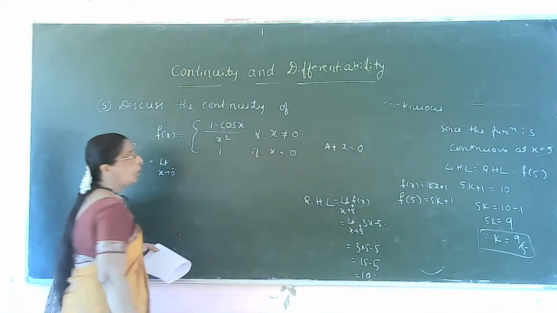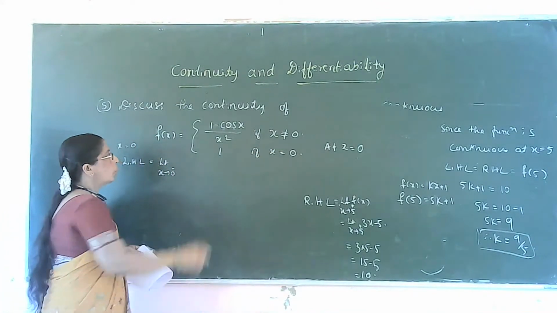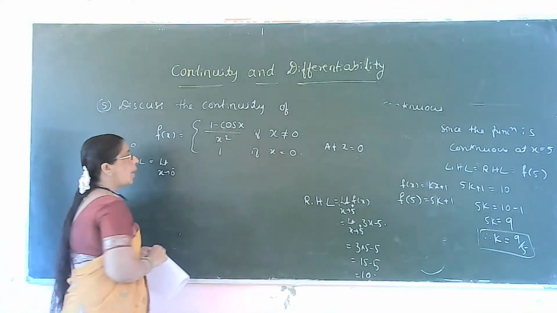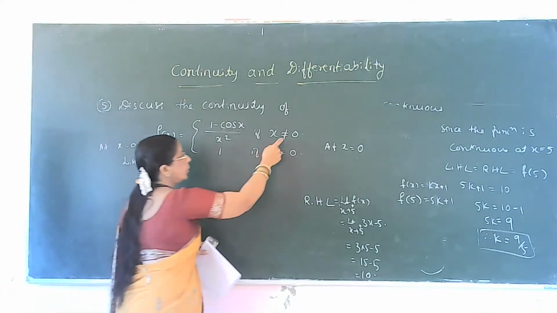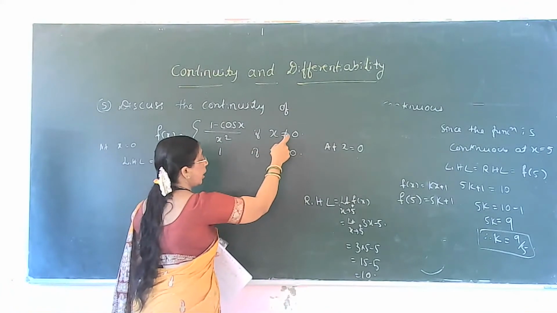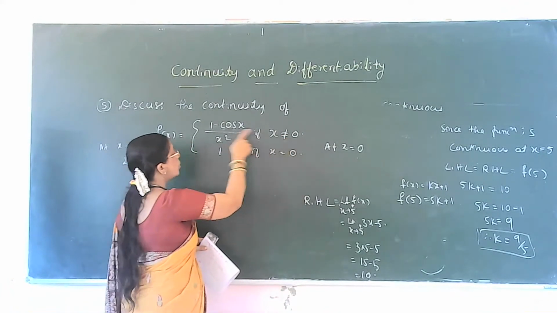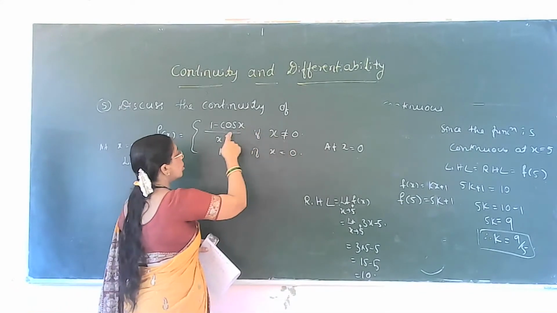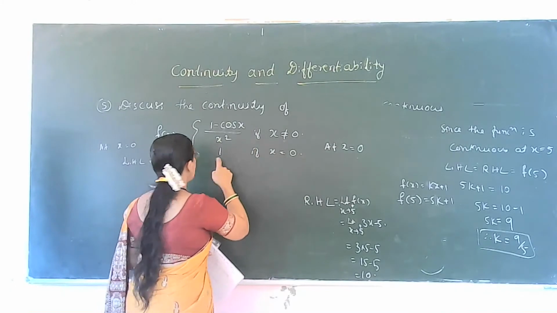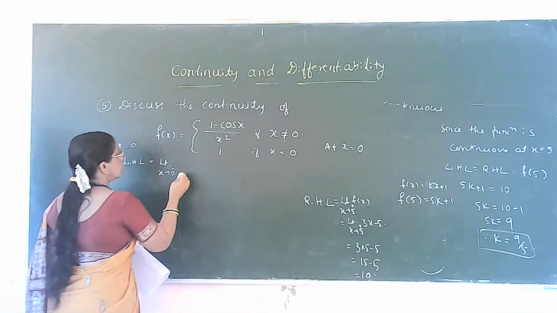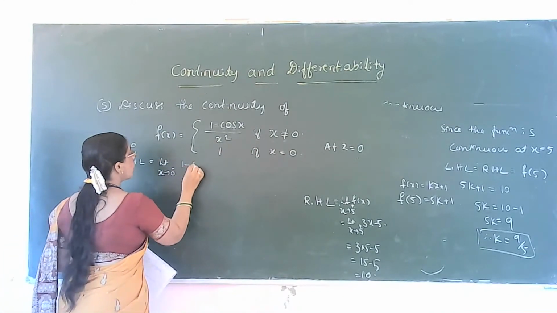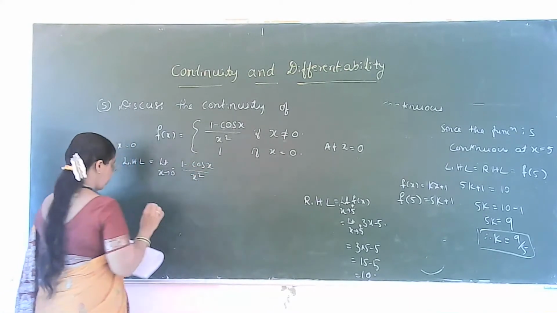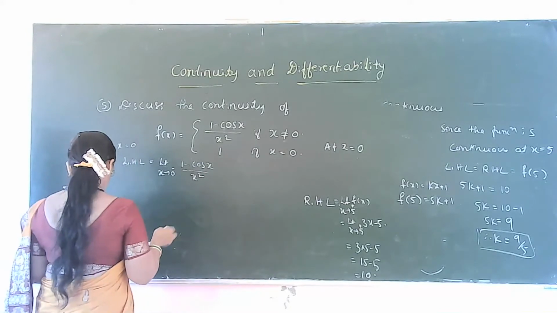Here for LHL and RHL the function is 1 minus cos x divided by x square, because if x is greater than 0 or x is less than 0, it is this function. If x equal to 0, the function is 1. Therefore, we have to find LHL and RHL at once.